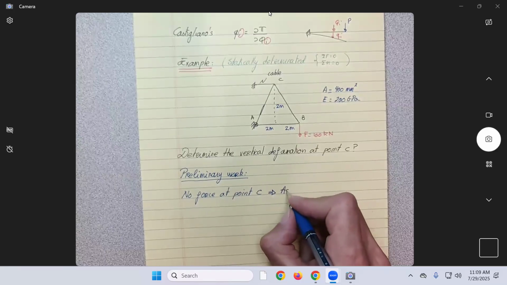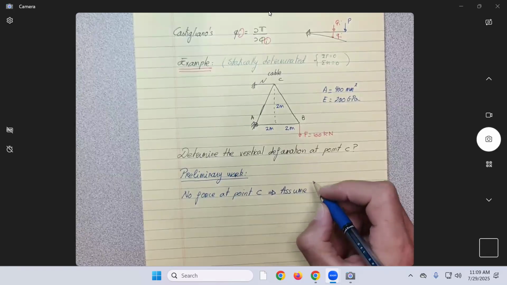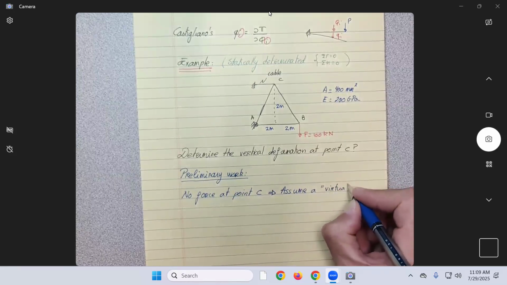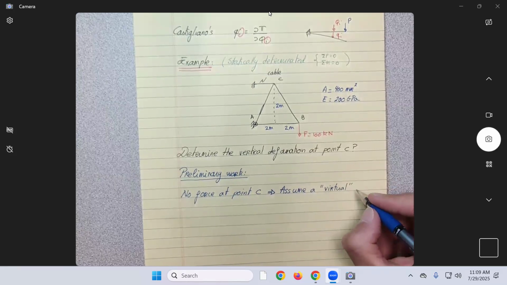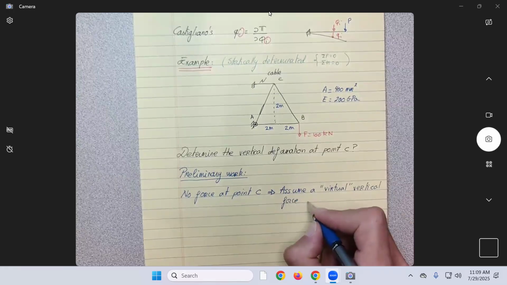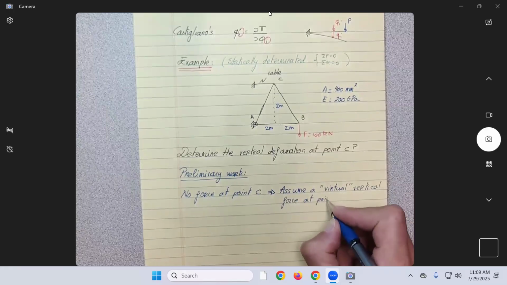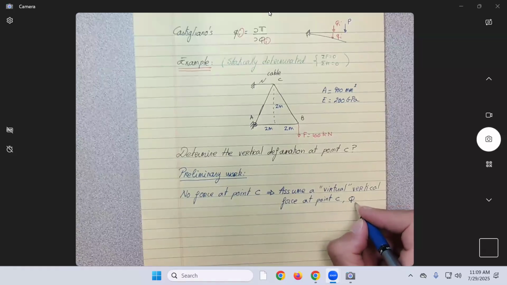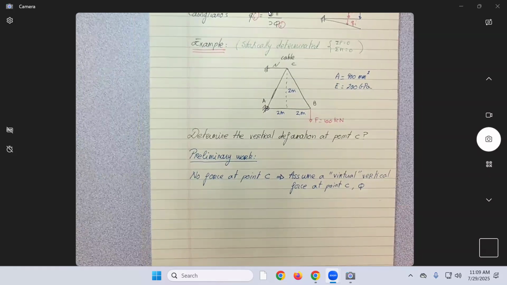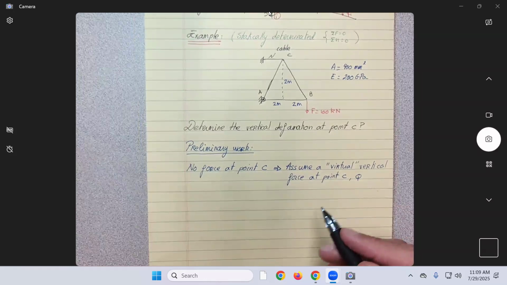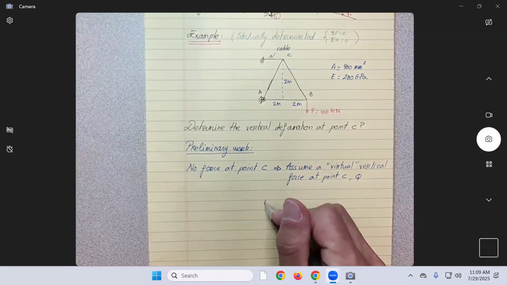Okay, so what we're going to do is assume what some call a dummy force, but I like to call it virtual. A vertical force at point C, okay? And we're going to call that force Q. So basically, if we do that, we end up having to solve the problem.